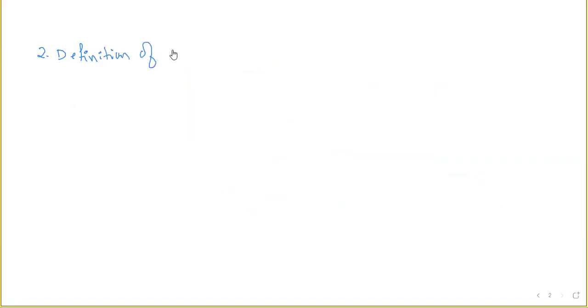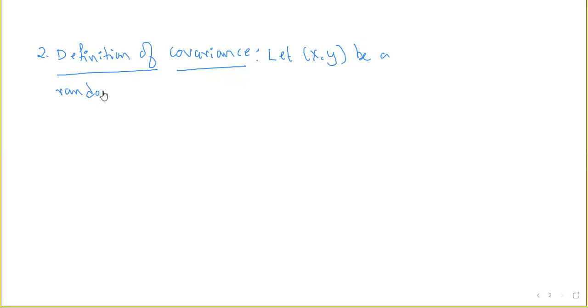Definition of covariance. Let X, Y be random variables.